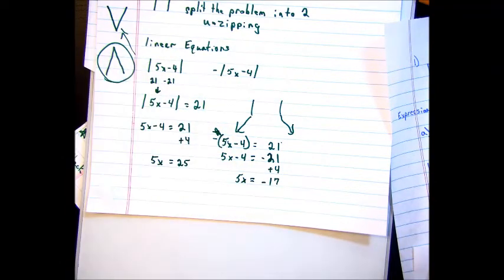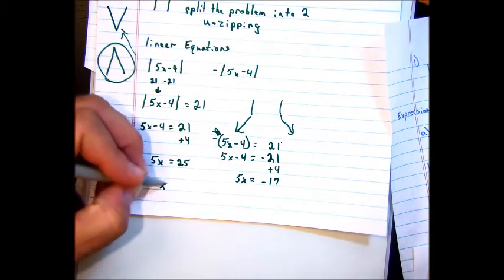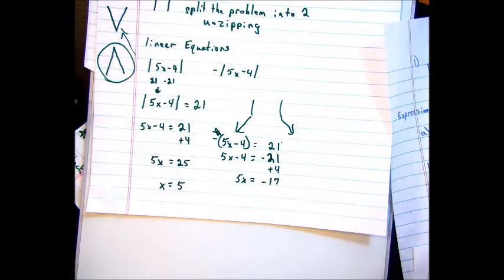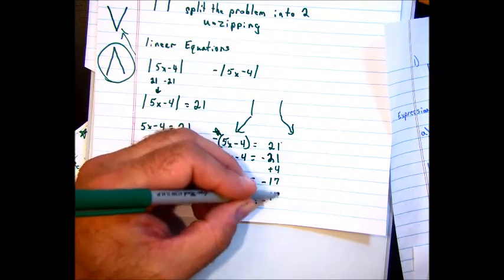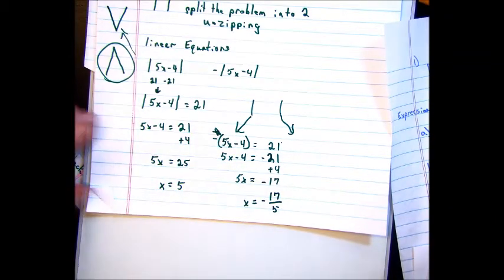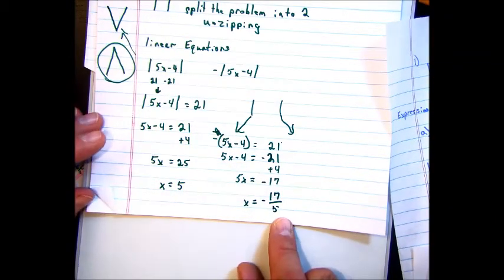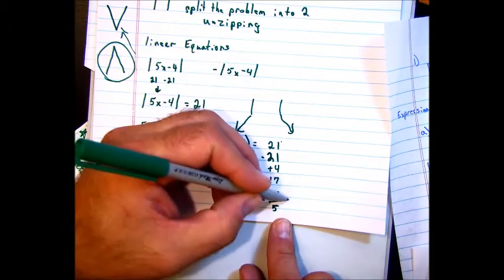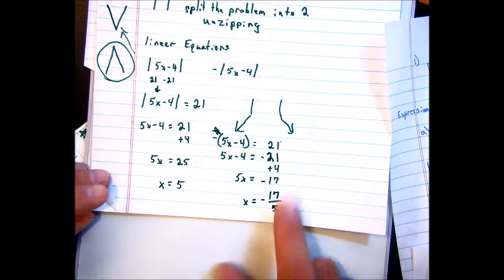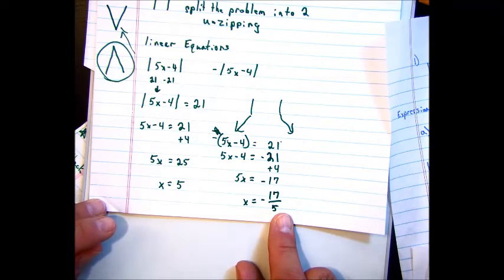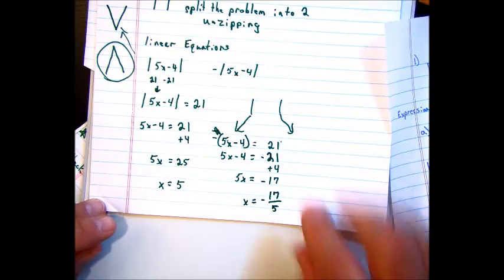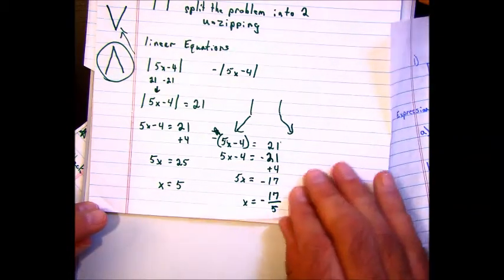You divide both sides by 5 and on this side you get x equals 5 and over here you get x equals negative 17 fifths. And that's an acceptable answer. You don't have to change it to a decimal if you don't like. You just write it as a division problem because fractions are division problems. Alright, so let's go ahead and look at a linear inequality.